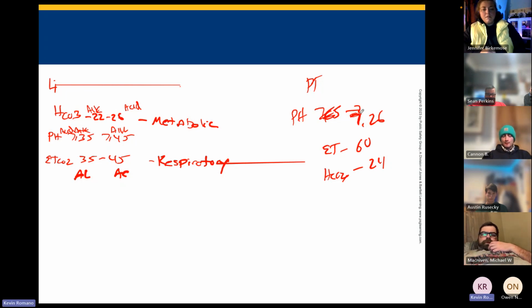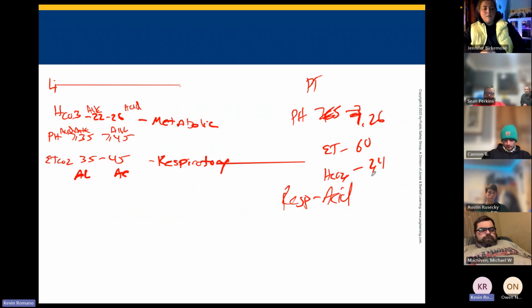Acidotic. Is the end tidal acidotic, alkalotic, or normal? Acidotic. Is the bicarb normal, acidotic, or alkalotic? It's normal. So this patient is going to be something called a respiratory acidosis. You guys see where I got that from? You have to know your numbers. This is a respiratory acidosis.